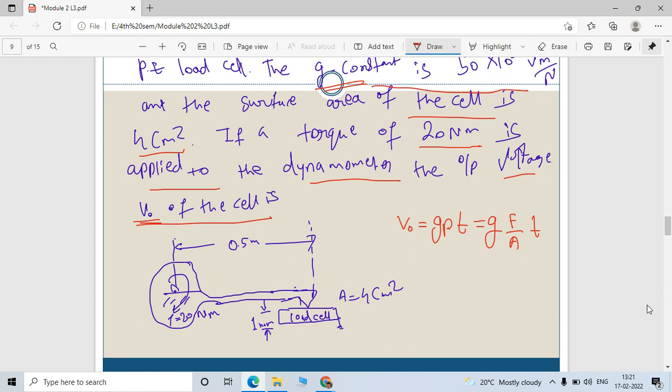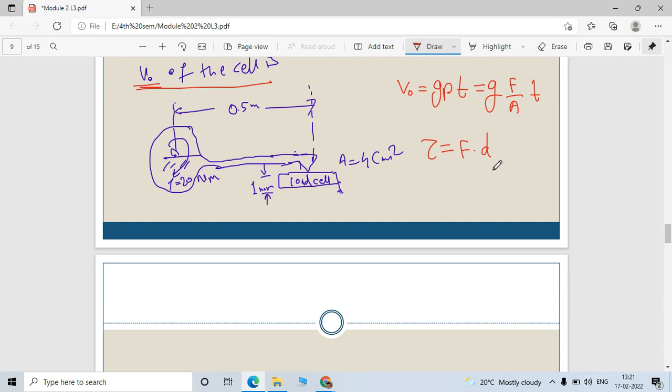Now, how to find F? See, torque is given to you. Torque is nothing but force into distance. So simple. This is 20 Newton meter, and F into 0.5 meter, which is the distance already given in your question.